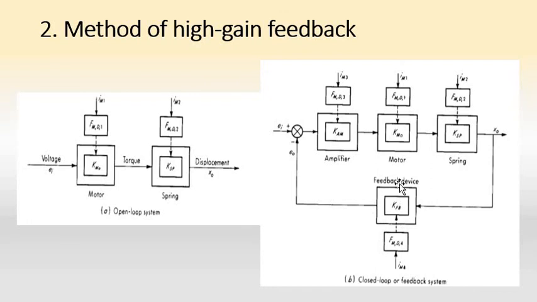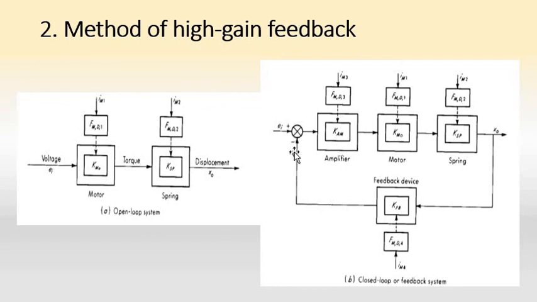By this feedback device, the output x naught is converted to another output voltage E naught, which is proportional to x naught. That is, E naught is equal to KFB into x naught, and this E naught is given back to the input summing device.